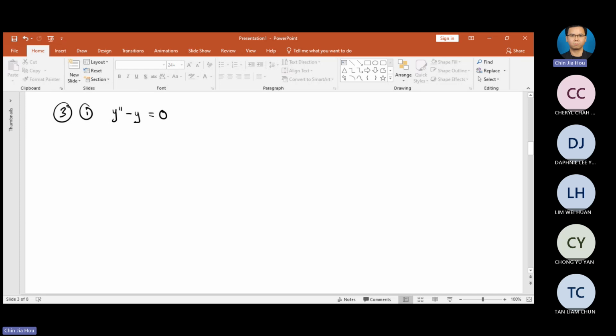When you have second order, due to the limited syllabus that we have, you just need to make sure that one of the sides consists of all the y terms. That makes it linear. So in this equation, you try to verify whether it is linear or not on the left hand side.